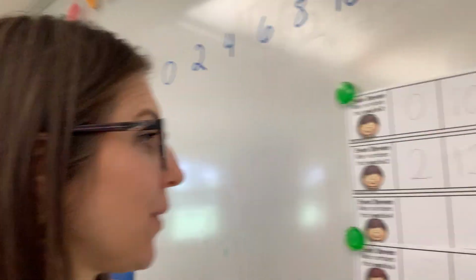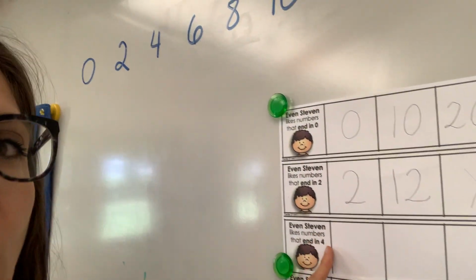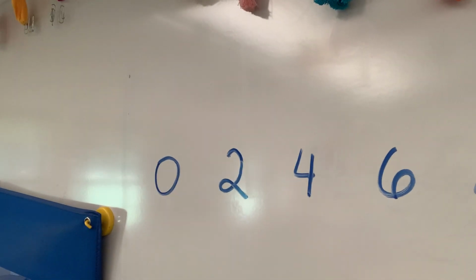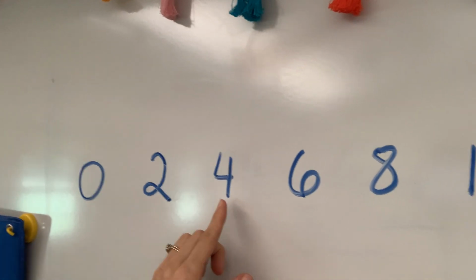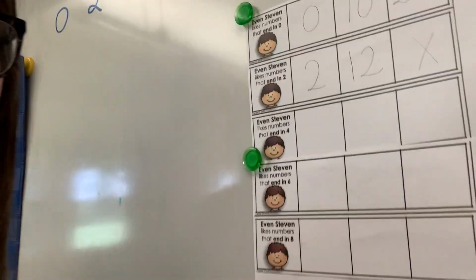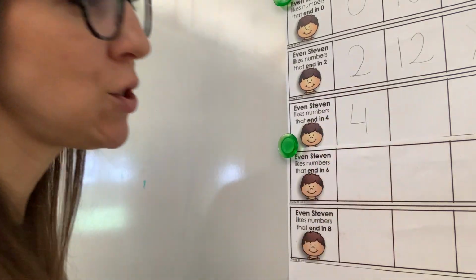Okay, very good. Now, Even Steven likes the numbers that end in 4. So let's look over here and see which number ends in 4. That's right, over here, 4. Very good, so we can just write that one. It's easy, isn't it, beginners, once you understand what to do.